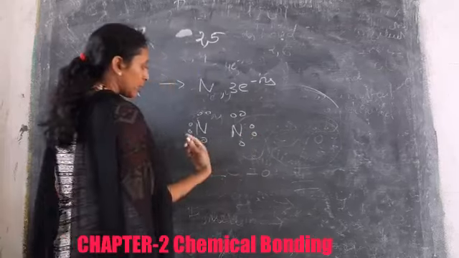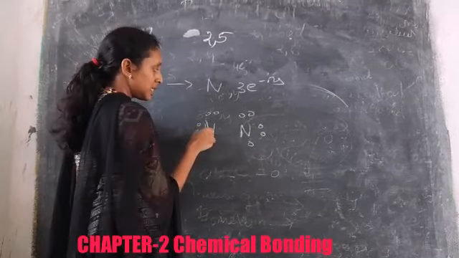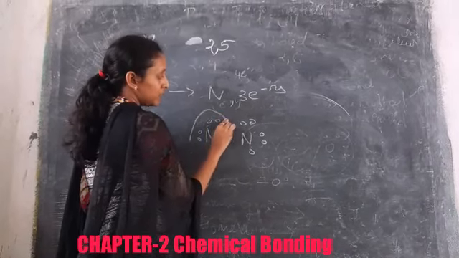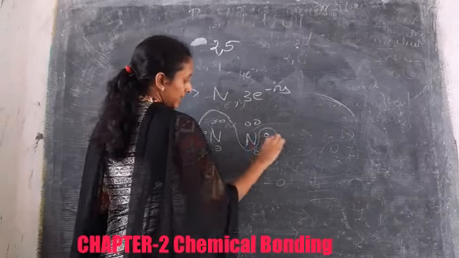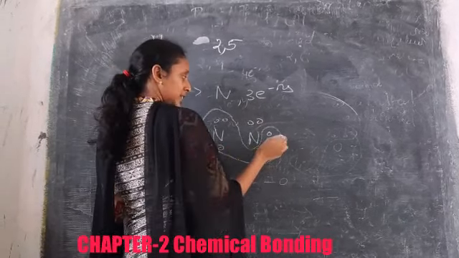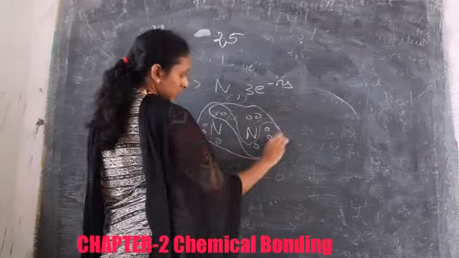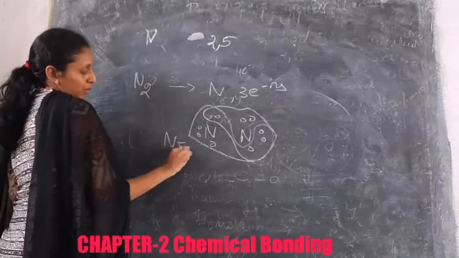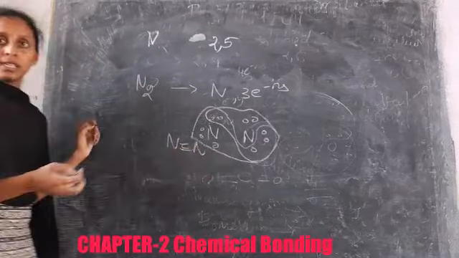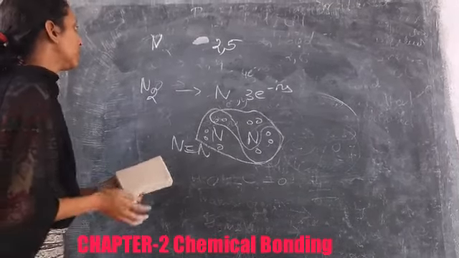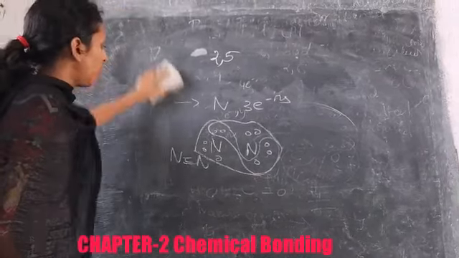There are 5 electrons, and it requires 3 electrons. So this nitrogen will take up these 3 electrons, and this also will take up these 3 electrons, and they will become stable. Okay, so this is about the triple bond.